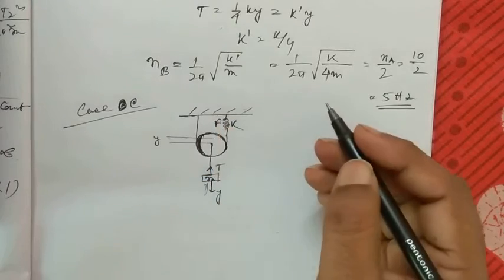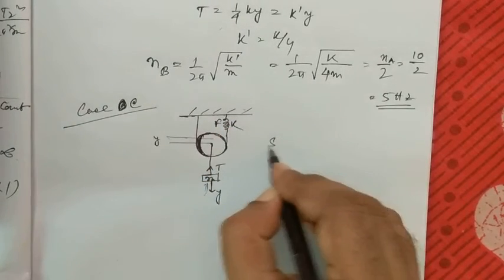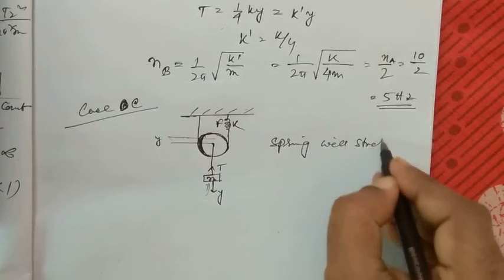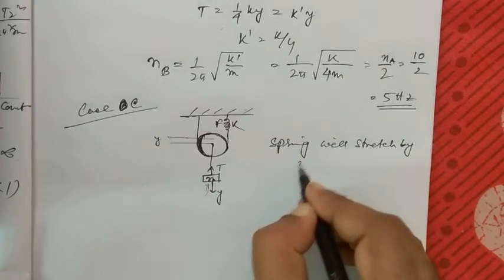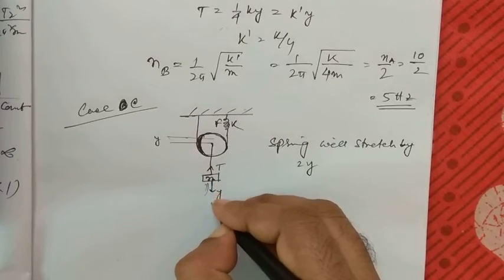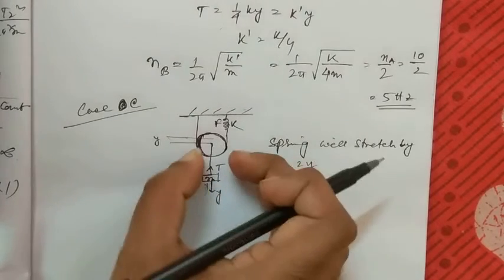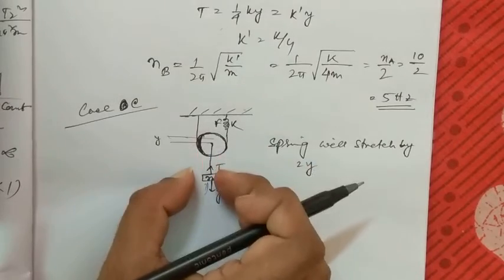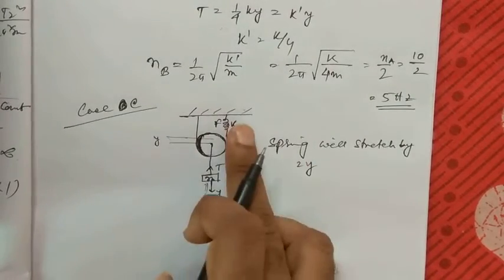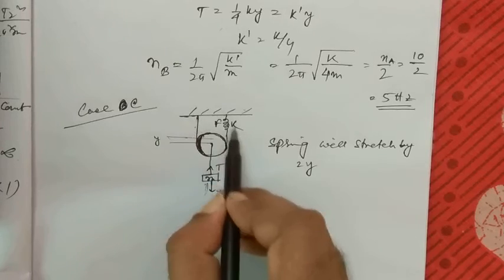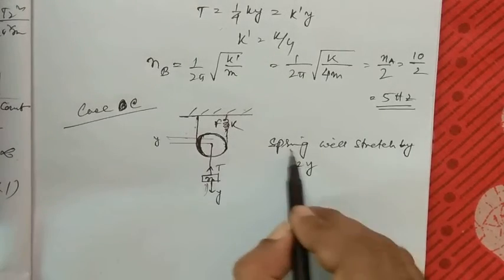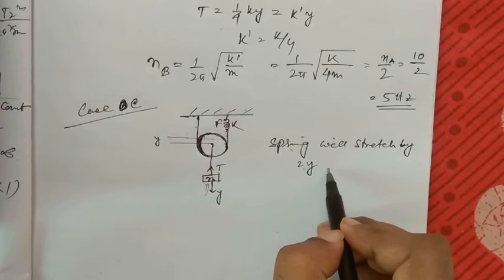The string is inextensible, so the spring will stretch by 2y. The displacement of mass m is y. The displacement of this pulley is also y downwards. So the spring will stretch by 2y because y on this side and y on this side.